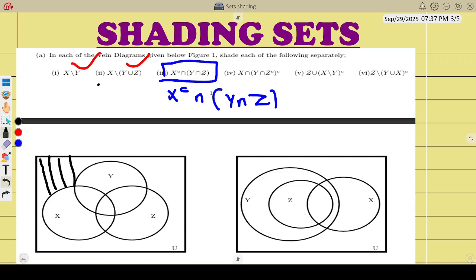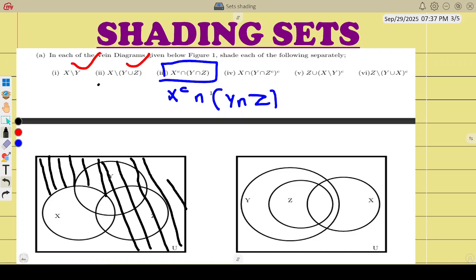So these things which are outside of x, we shade them. So this is outside of x. Everything which is outside of x, we shade it. So this means that we have shaded x complement.